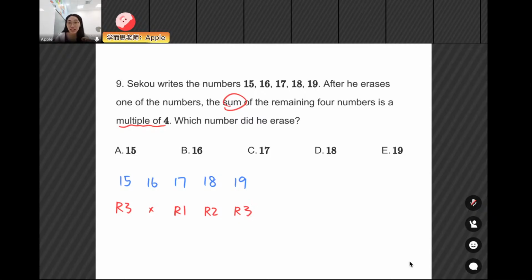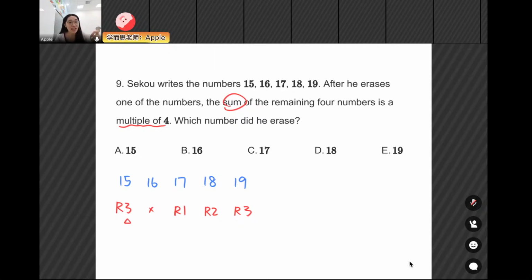So another easier way for you to figure out the answer faster is that we just try to analyze the remainders. Well, you see that for 16, there's no remainder. So actually 16 is a very good number in this question. But what about the 15? Well, you see that we have 3 remaining numbers.